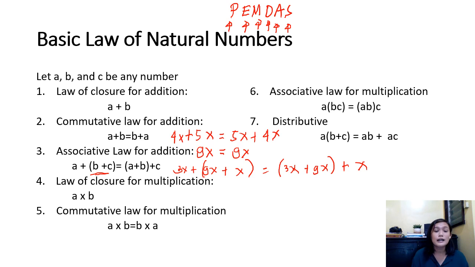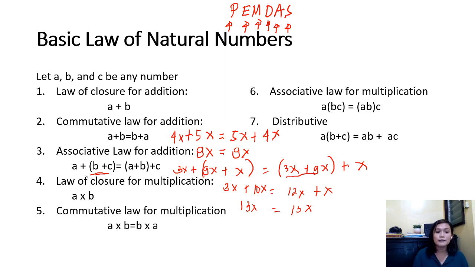You need to operate 3x plus 9x first, which is equal to 12x, before adding x, so you will get 13x. As you can see in the associative law for addition, no matter how you group them, you still get the same value.